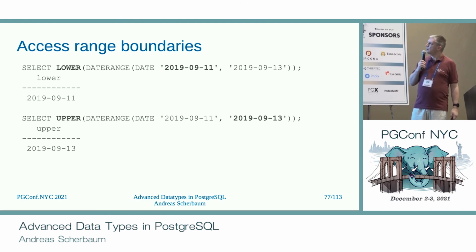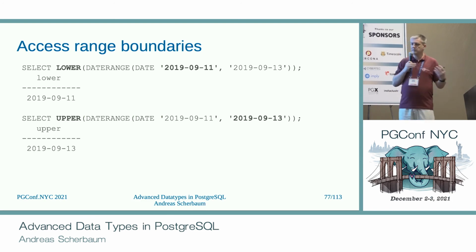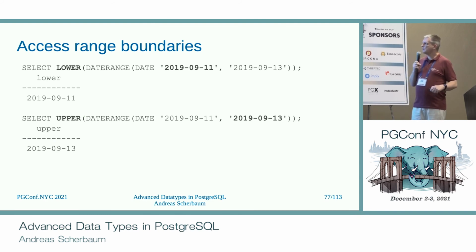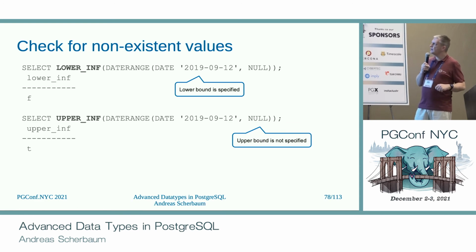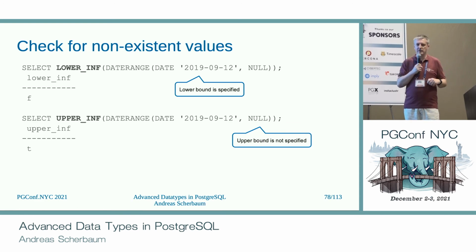Okay. You can also find out what is my range looking like. What is my lower range here in my date type? You can see if I have my two ranges here. If I ask for the lower one, I get my 9/11 back. If I ask for the upper one, I get my 9/13 back, so the upper value of this. You can ask Postgres if either of these is even specified.